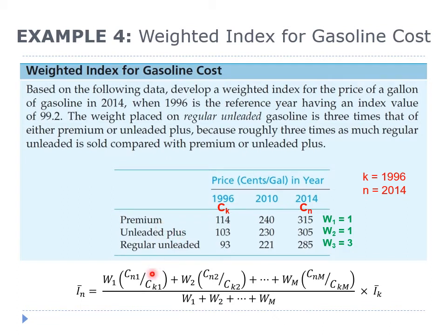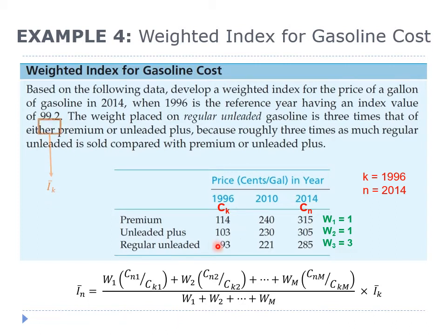The ratio of CN1 to CK1 is therefore 315 divided by 114. If 2 refers to the unleaded class, then the ratio of CN2 to CK2 would be 305 divided by 103, and so on.